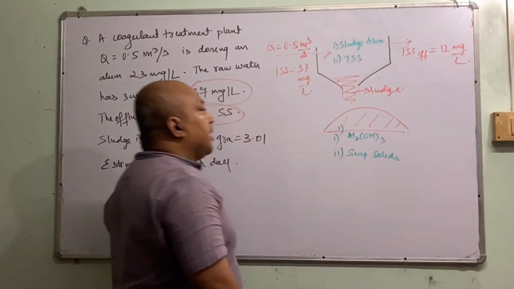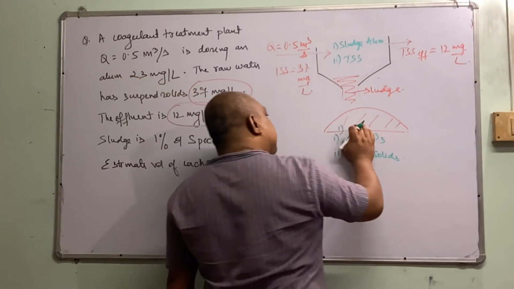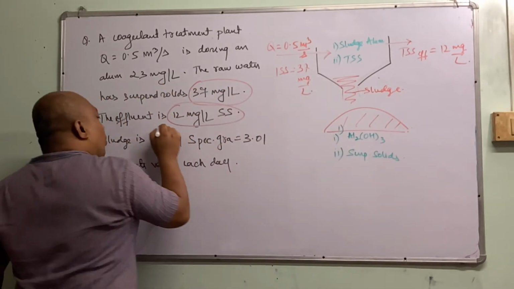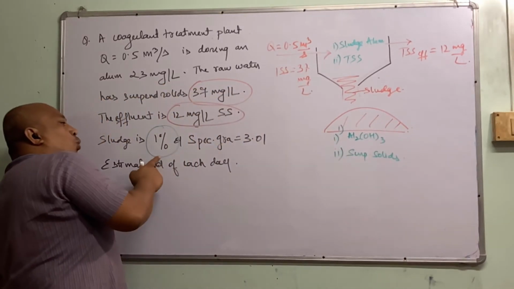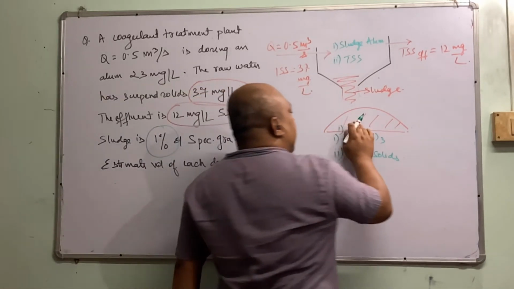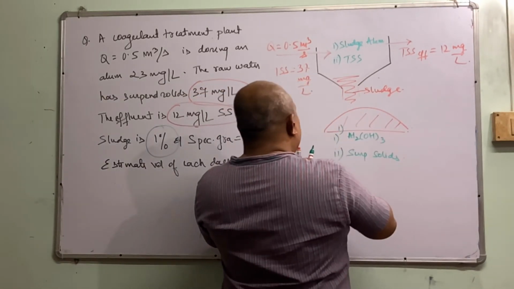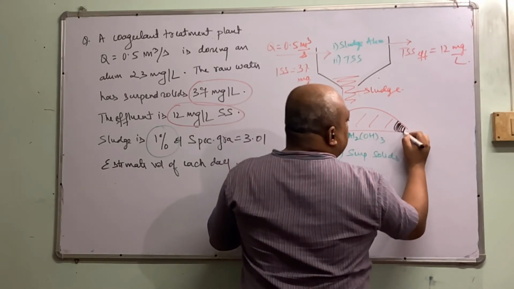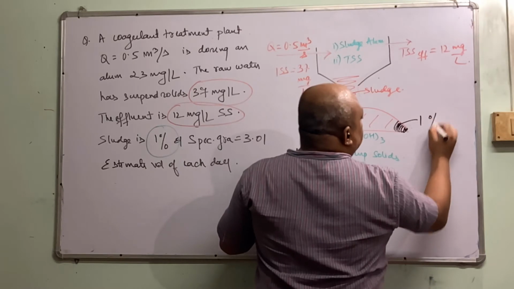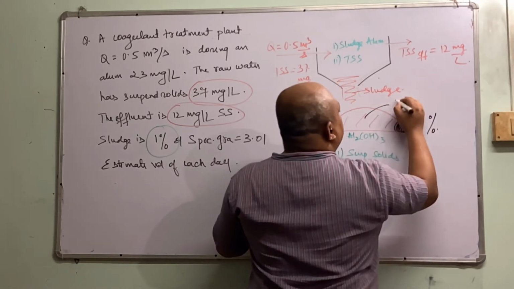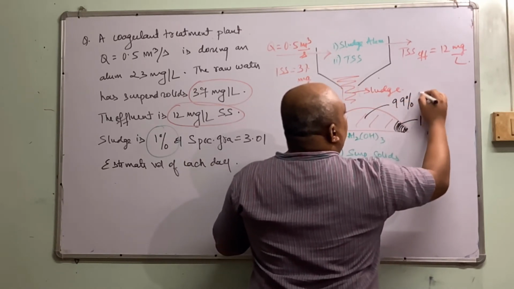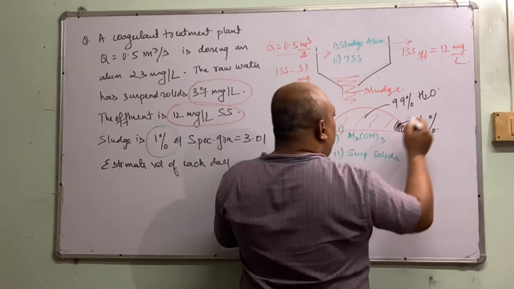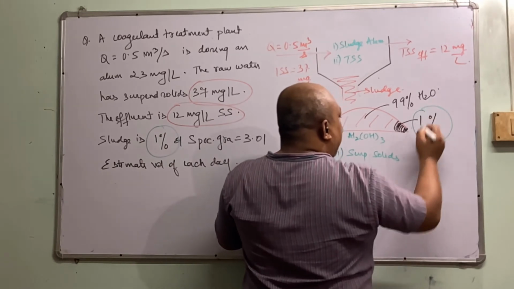Is it clear? Now, this sludge itself is not completely dry. What it means to say by 1%, listen here: this sludge is a whole volume. It contains only 1% solid, and this part is 99% water.